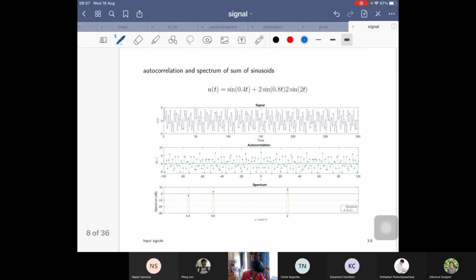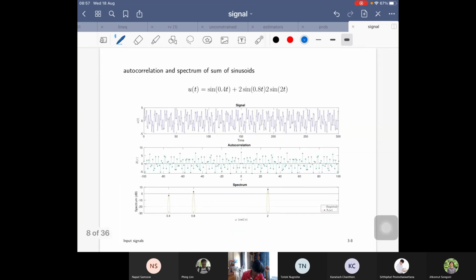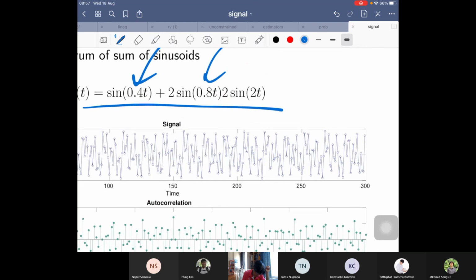Okay. So with this result, you have a mix of sinusoidal inputs at frequencies of 0.4 plus 0.8. Sorry, this is a typo. This is supposed to be plus. How many frequency components do we see? Three: 0.4, 0.8, and 2.